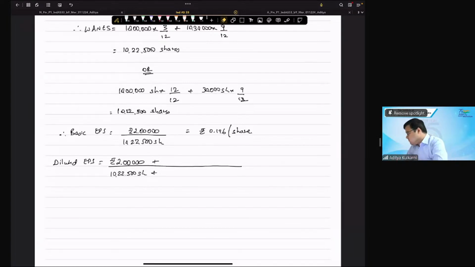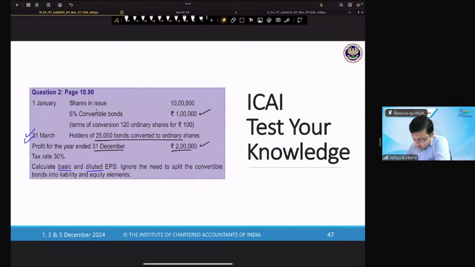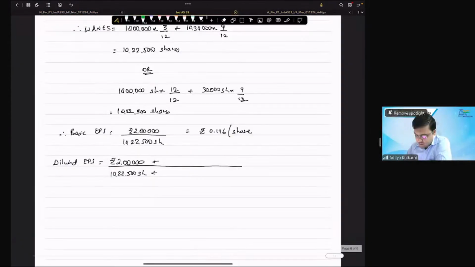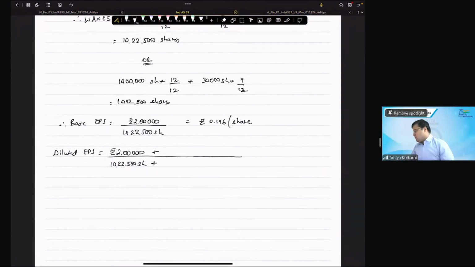Now, how many bonds are still left for conversion? 75,000. Yes. So that will be 75,000 into 120 by 100.